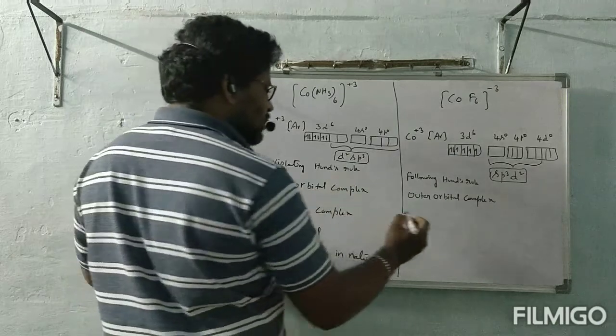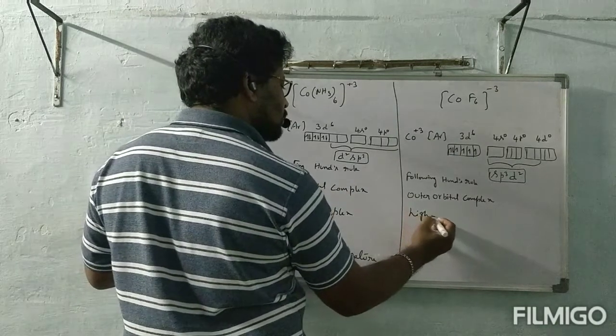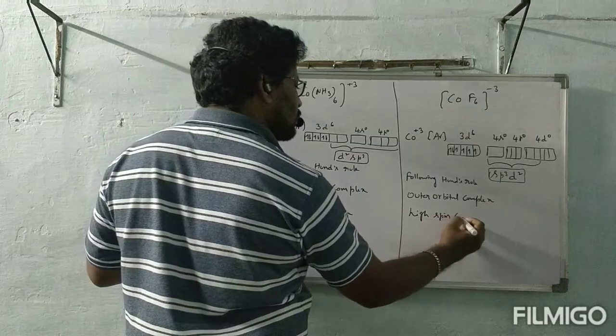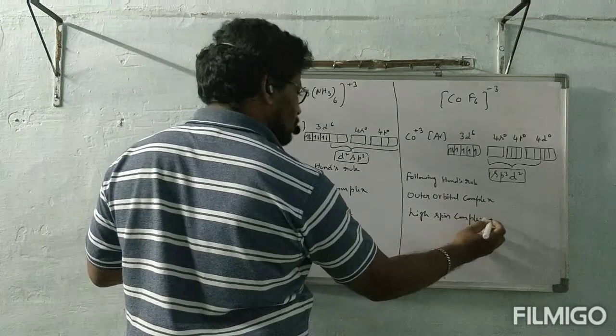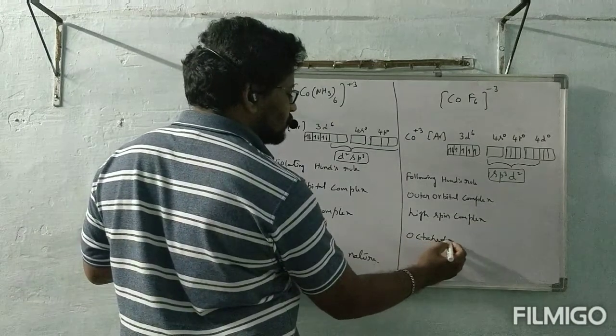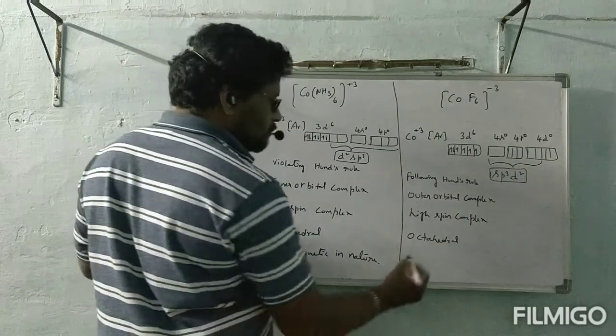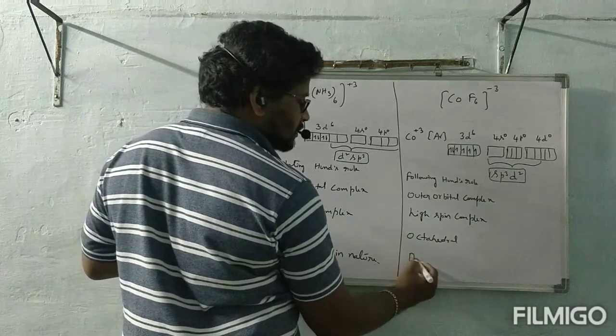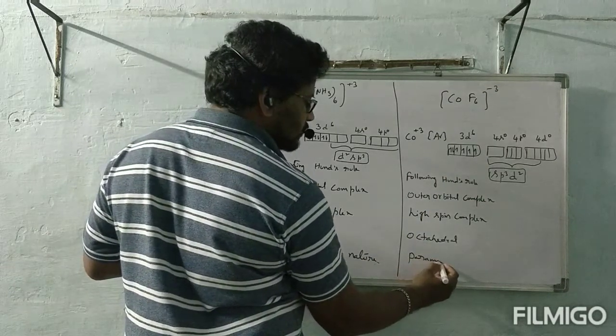That's why this is a high spin complex. Next, the structure is the same, octahedral, but it contains 4 unpaired electrons. It is paramagnetic in nature.